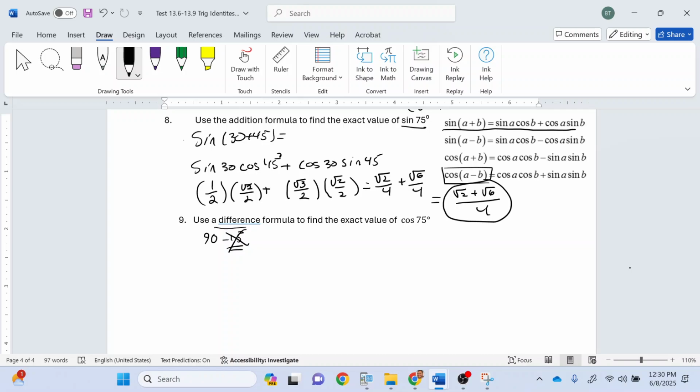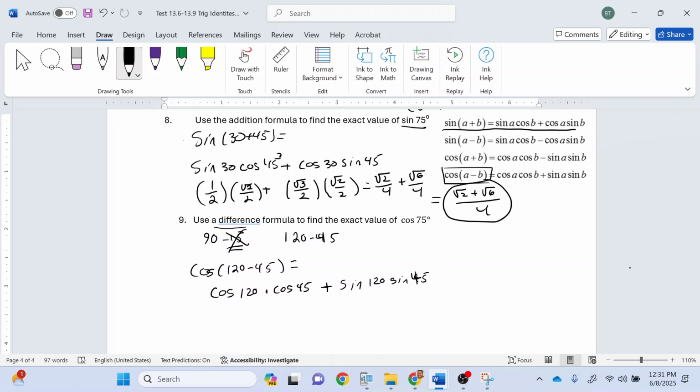So why don't we do 120 minus 45. So it's going to be cosine of 120 minus 45 equals, now I use the formula, cosine 120 times cosine 45 plus sine 120 times sine 45.